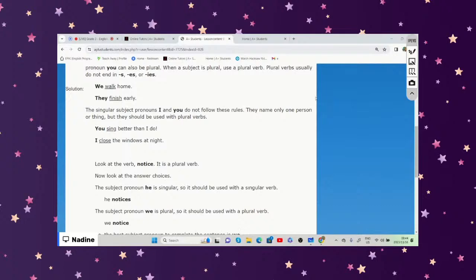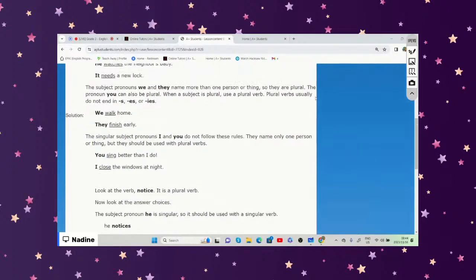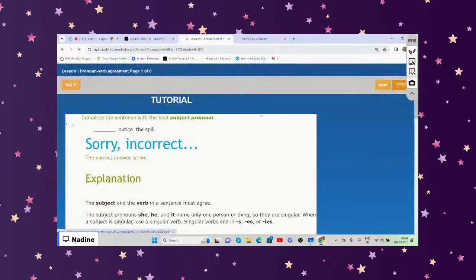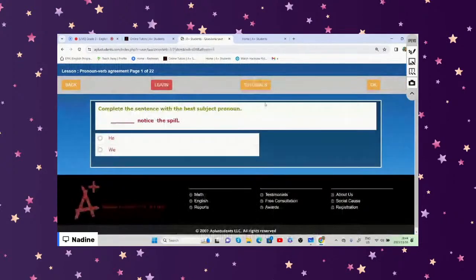All right, let's go to our test. We're going to our test where we need to complete the sentence with the best subject pronoun. And the subject pronoun is either going to be singular or it's going to be plural.